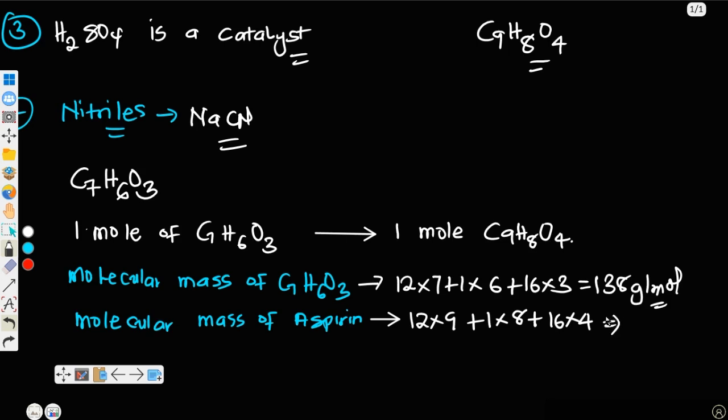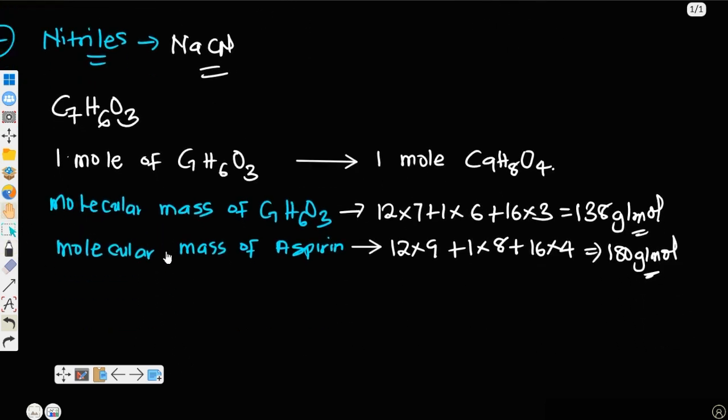If you calculate this, it's going to give us 12 times 9 plus 1 times 8 plus 16 times 4. That is 180 gram. All right. So this will give us 180 gram per mole. It's very easy.